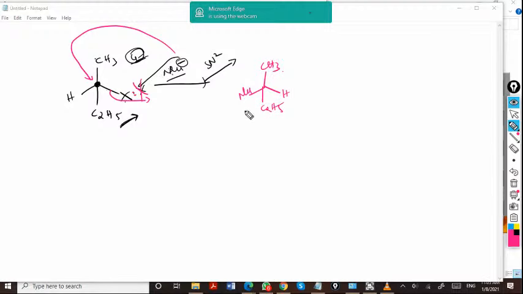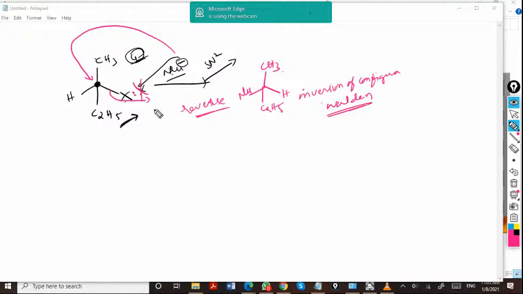So it will reverse the chiral center's configuration. That is said to be inversion of configuration, which was observed by Walden. So this is also called Walden inversion.